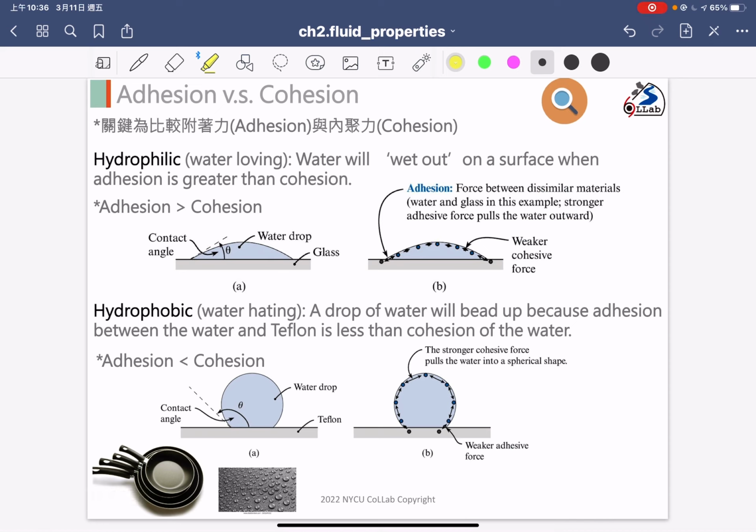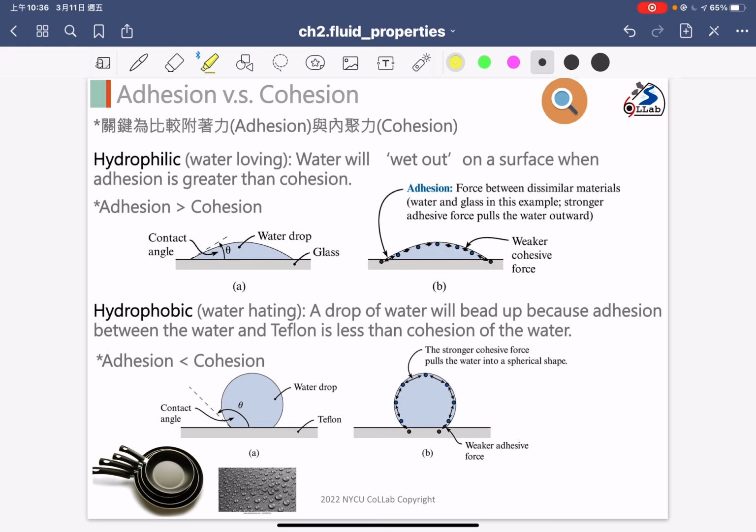In the previous slide we focused on explaining surface tension, and we always said the important thing is the cohesion of the two same molecules, right?